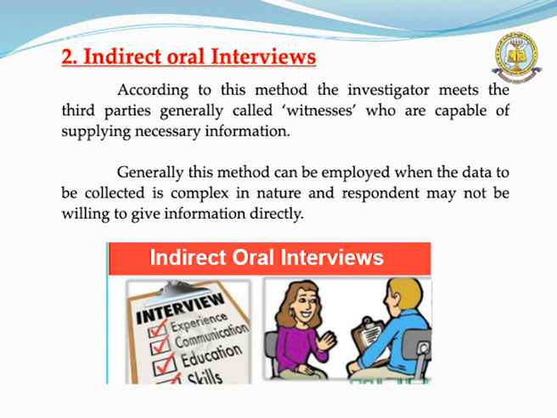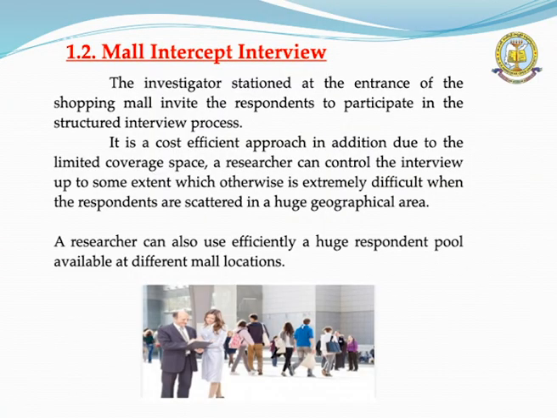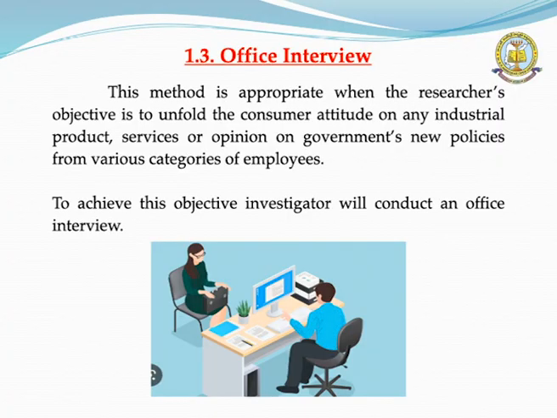Direct personal interviews, and the second one is indirect oral interviews. This picture shows indirect oral interview, and the third one is mall intercept interview. Here this picture shows that in a shopping mall we can seek the information from the respondents. This is the mall intercept interview, and the second example is office interview.